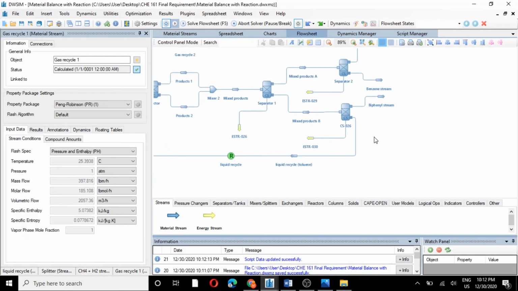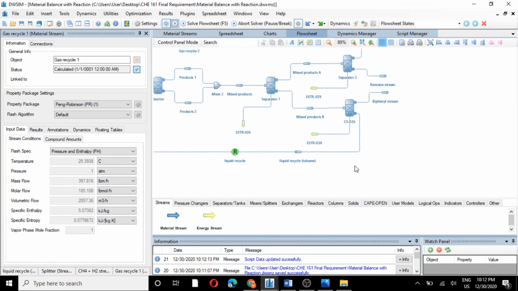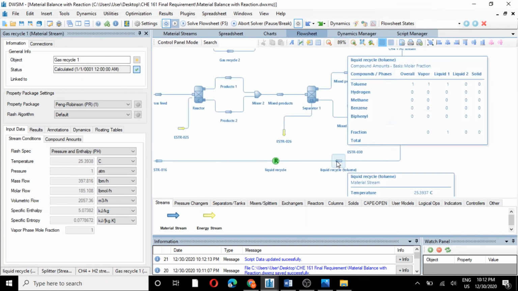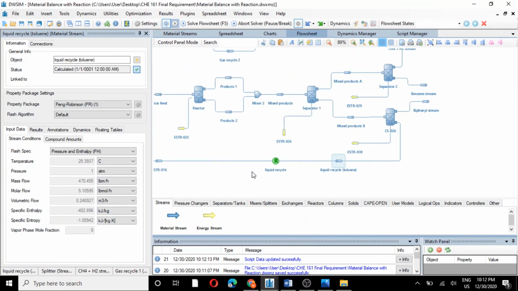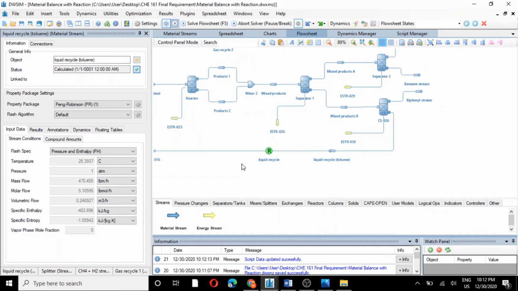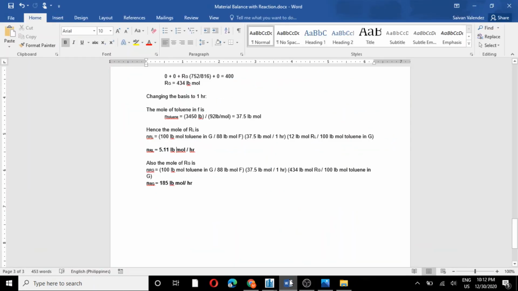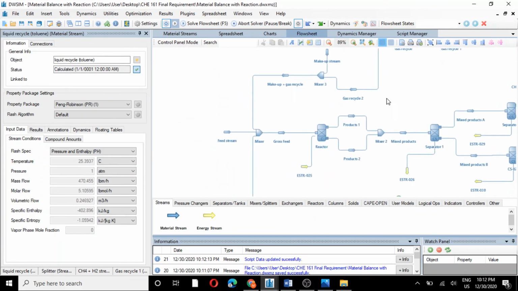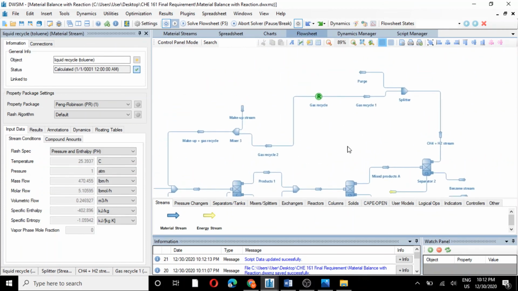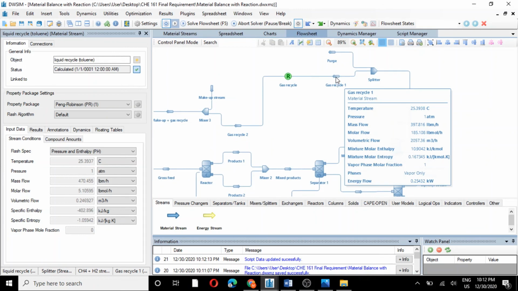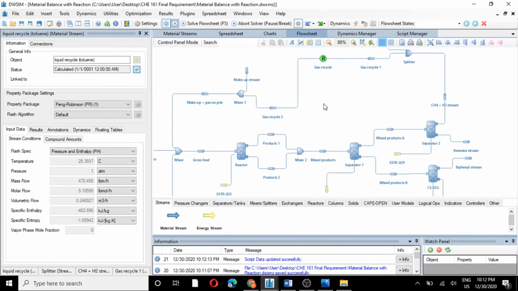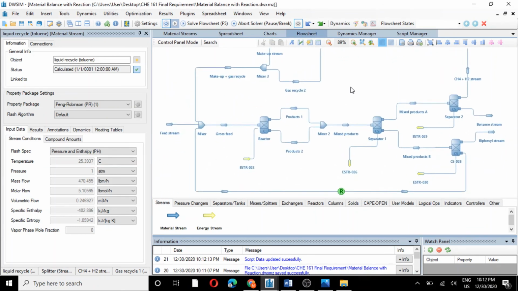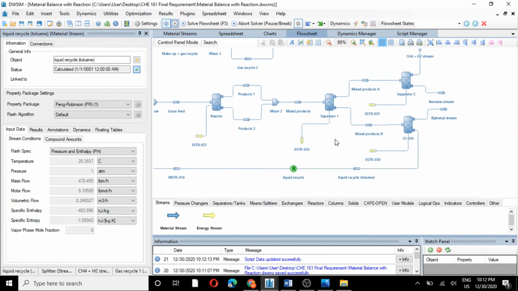And for the liquid recycle, we have 5.10595, which is also close to our answer of 5.11 pound-mole per hour. So I think this is it.